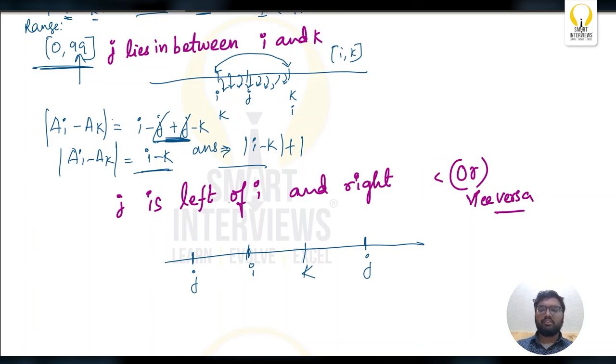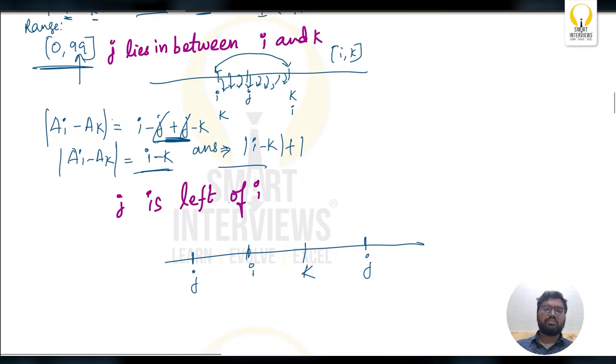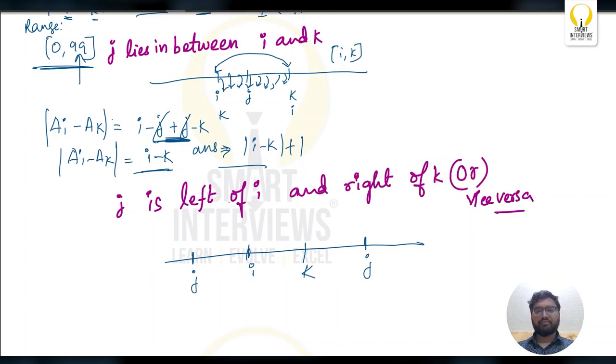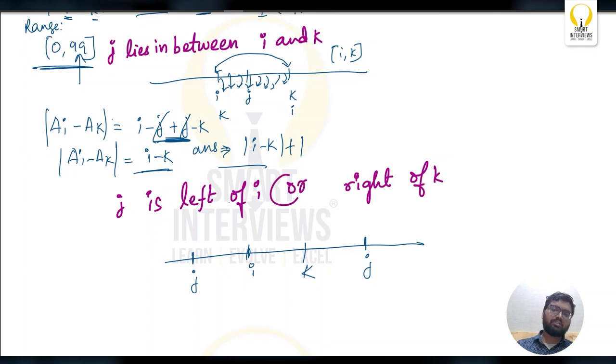So j can be on the left side of it, and also j can be on the right side of it. So we can consider the interval with i, j, k in this way, and also it can be greater than k also. So both things are possible.